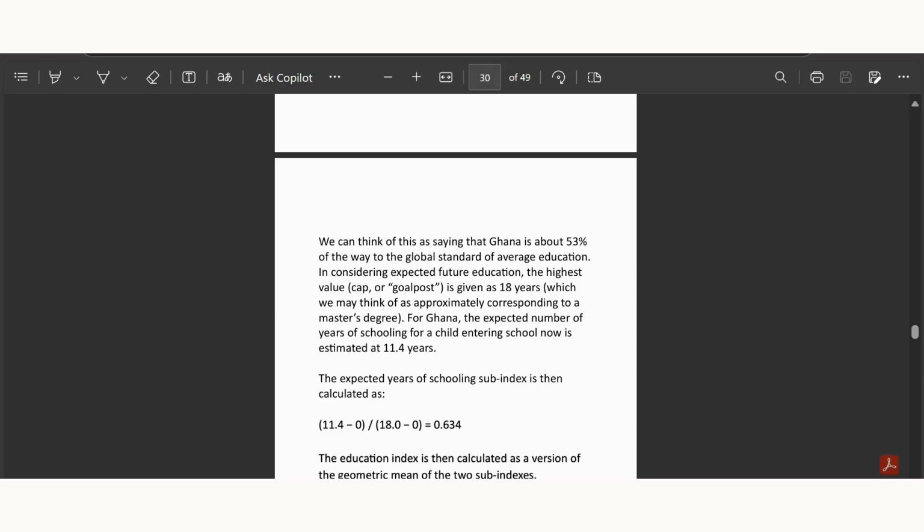In considering expected future education, the highest value is given as 18 years. We may think of this as approximately corresponding to a master's degree. For Ghana, the expected number of years of schooling for a child entering school now is estimated at 11.4 years.